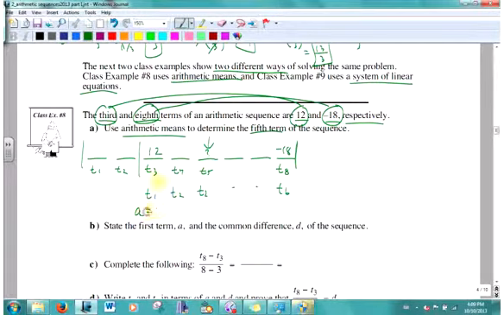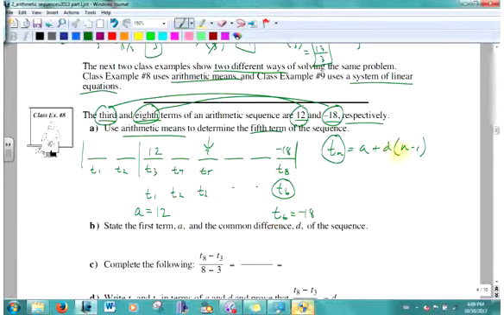Well, now I know what A is. Okay? When I'm looking at my formula, if I find out what D is, I can find out what this number is. That's my goal here. What's D? I have to know everything else. Okay, I've got A. How can I get that? Well, I know T6 is minus 18, right?